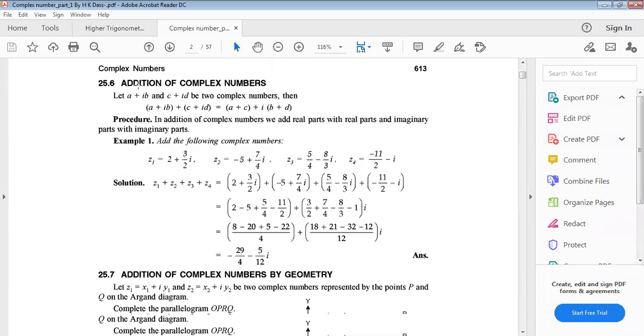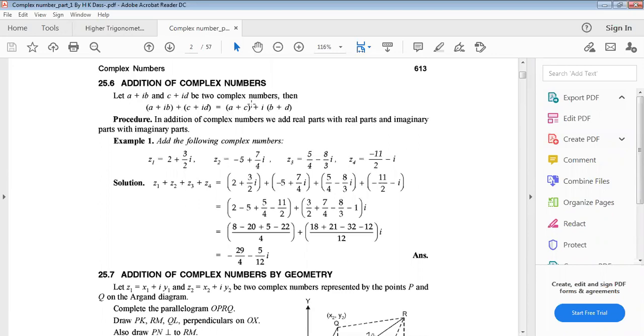If we take the addition of complex numbers, then we get another complex number. Suppose a plus ib is the first complex number and c plus id is the second complex number. Then if we take the addition, we get another complex number.